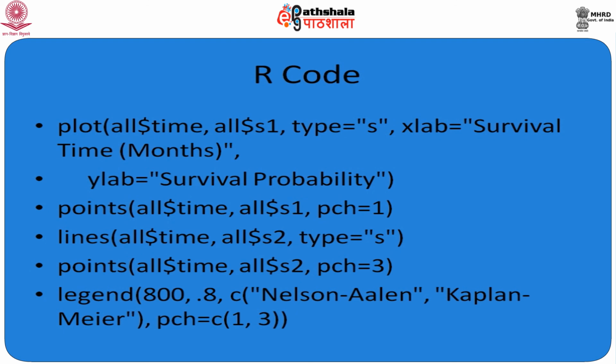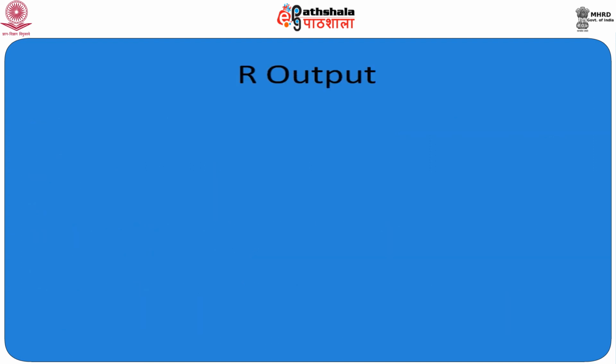Now before that we are assigning the legend function to show which curves, which lines, show which estimator, as the Nelson Aalen estimator and Kaplan-Meier estimator are assigned different types, that's why we are giving a pch with c(1,3). And we are assigning that this legend should be placed around 800 days on the x-axis and at most 0.8 on the y-axis.